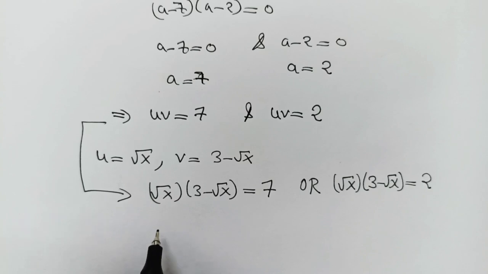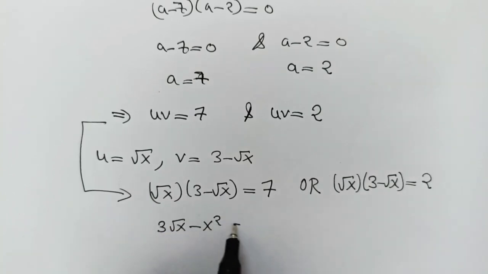From the first part we have 3 square root x minus x is equal to 7, and then 3 square root x is equal to 7 plus x.